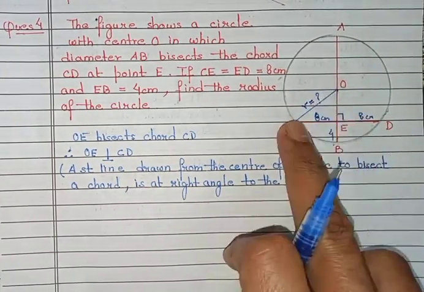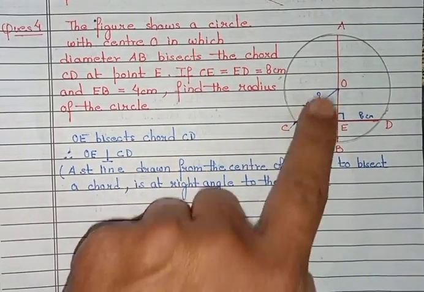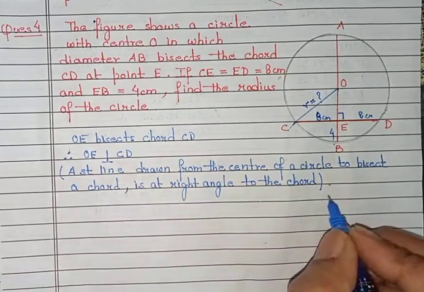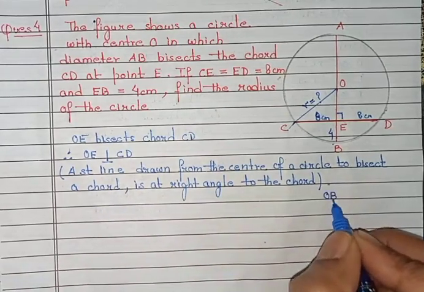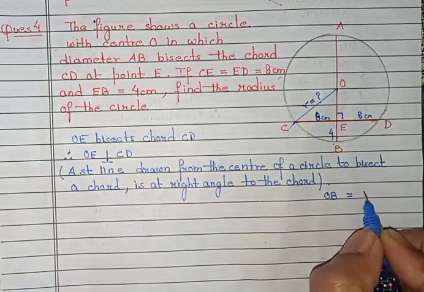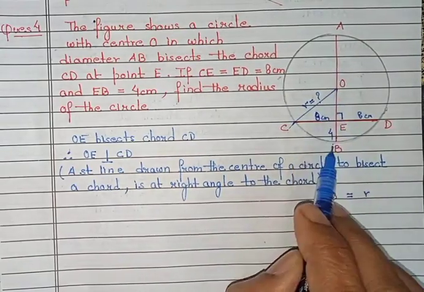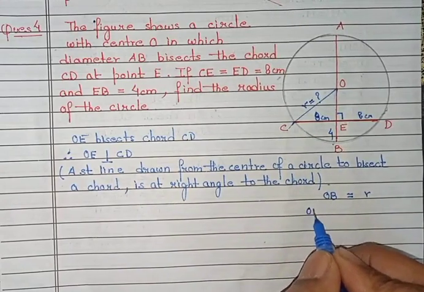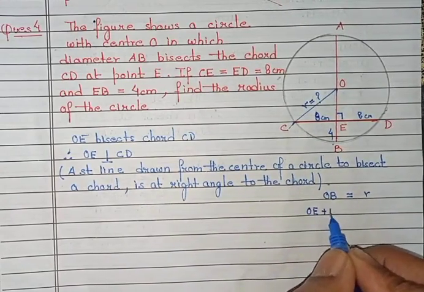Now considering triangle OEC. Now first of all you consider OB. What is OB representing in this figure? You see OB. What is OB representing? OB is radius, right? Center to circumference. OB is radius. Now OB can be written as OE plus EB.